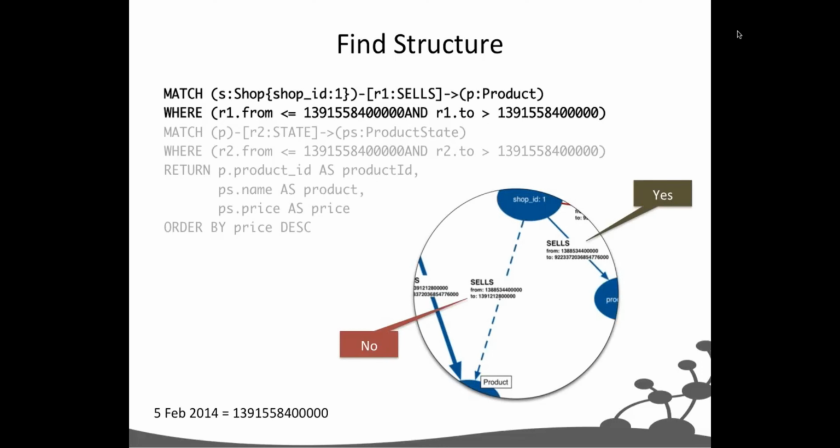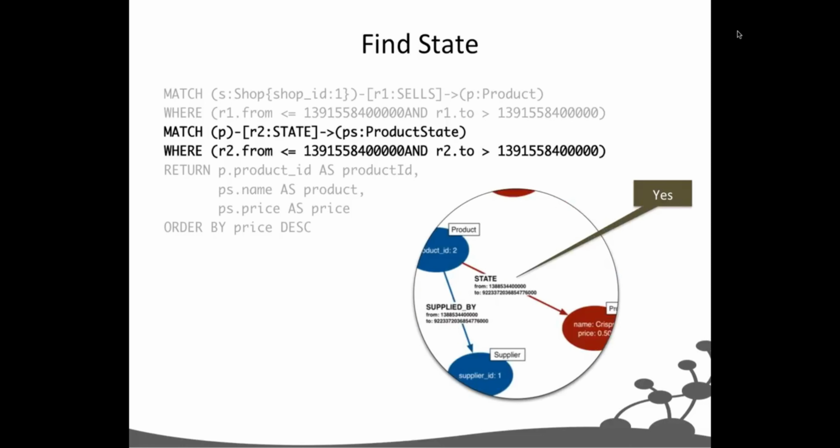Okay, so that relationship's timestamp is, let me see, I can't get these things straight in my head. Anyway, we know that that relationship is not valid, whereas the relationship on the right hand side is valid. So we're effectively identifying the structure of the graph that is valid for the 5th of February 2014.